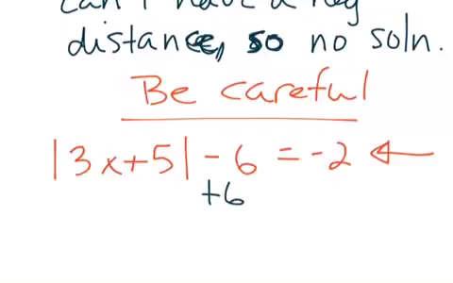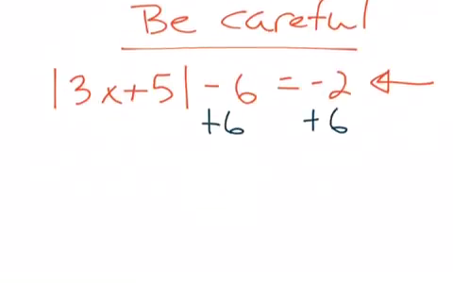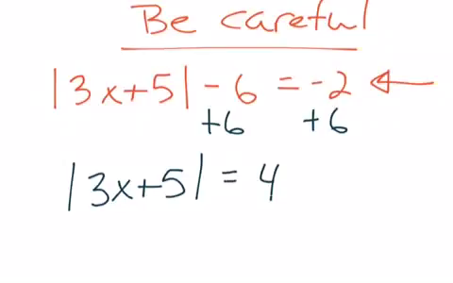If I add 6 to both sides, I get a positive distance. So through this solution, once we got the absolute value by itself, it came out with a positive distance, so this one would have a solution. So be careful that you don't jump the gun too early to say that there's no solution.